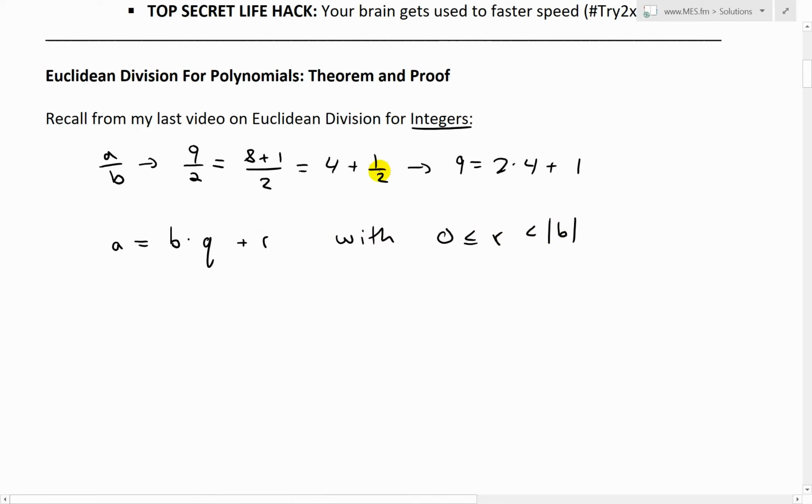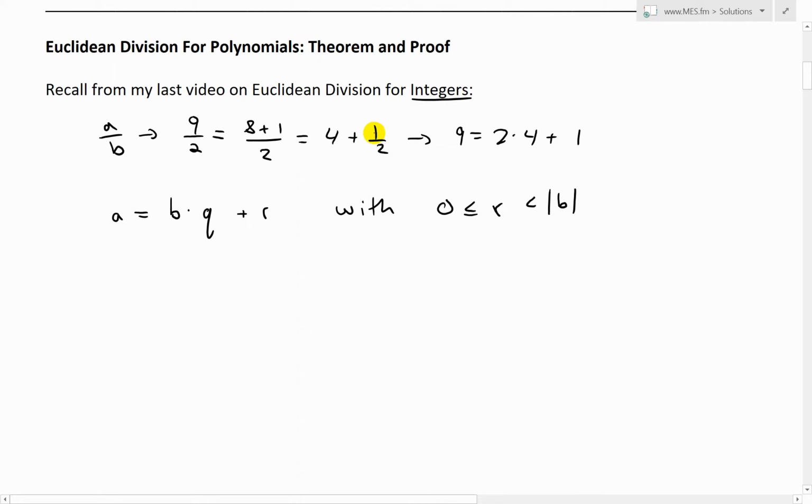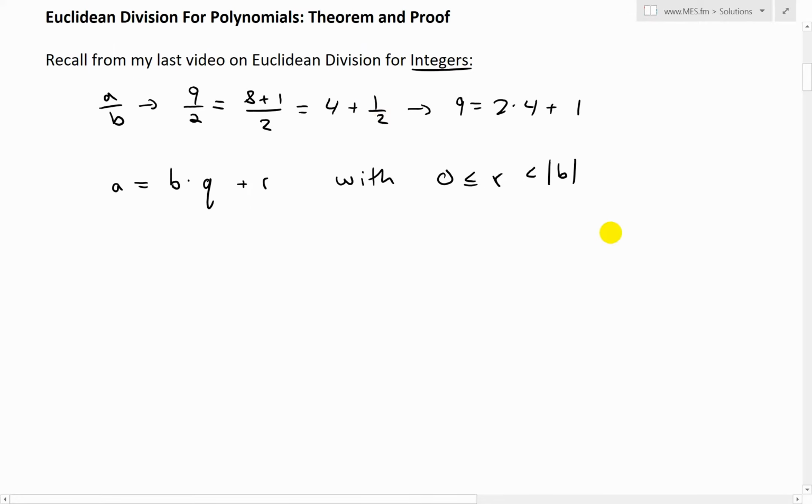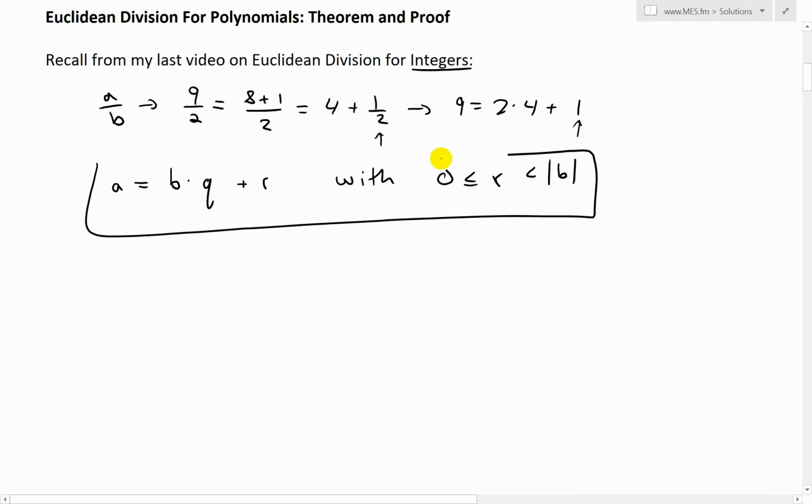The remainder has to be less than the 2 there, or the absolute value of it, because otherwise it means it doesn't divide out evenly. Or in other words, it's just a fraction of 2, which is the remainder divided by the divisor, and there's the remainder r.